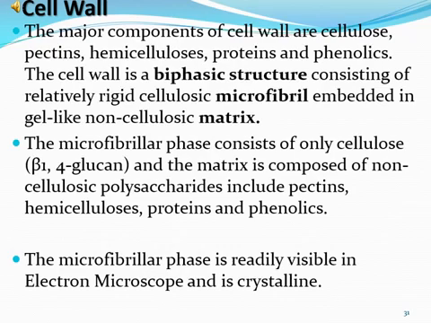The microfibrillar phase consists of only cellulose, beta-1,4-glucan, and the matrix is composed of non-cellulosic polysaccharides, including pectins, hemicellulose, proteins, and phenolics. The microfibrillar phase is readily visible in the electron microscope and is crystalline.